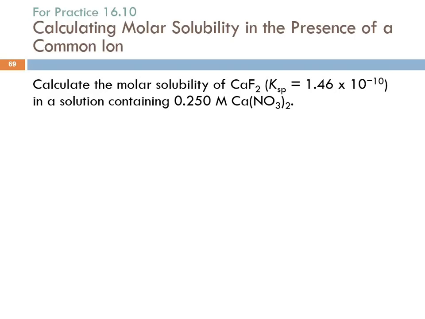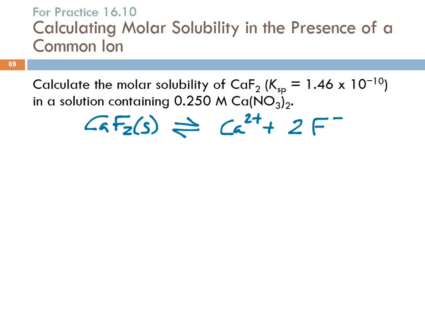Calculate the molar solubility of calcium fluoride in a solution containing 0.250 molar calcium nitrate. Let's write out the equation so we can see what's going on. It always helps me to write the equation, helps me to organize my ice table. So we've got calcium ion and 2 fluoride ions. Initial.